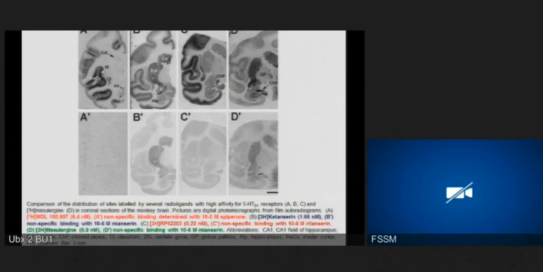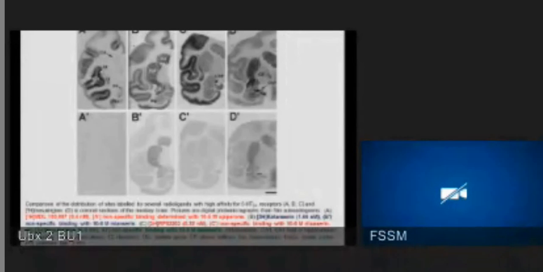And do we have the same things? I'm expecting you now to speak and to comment. Do we have the same display, the same information, even if MDL, ketanserin, and RP should bind on the same receptor?